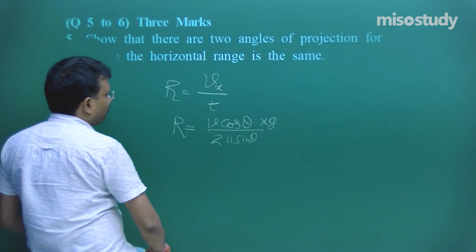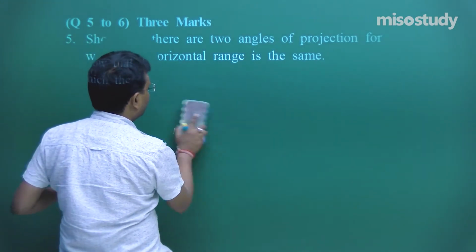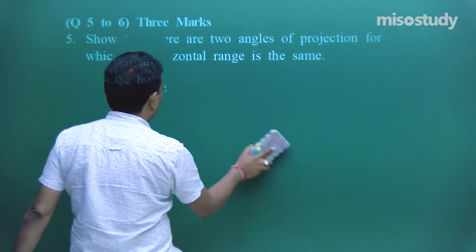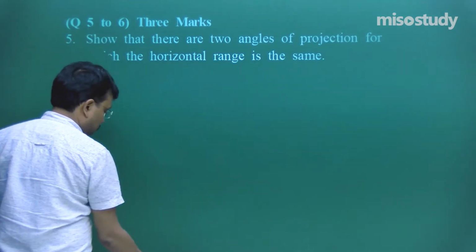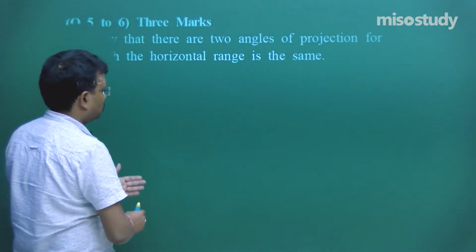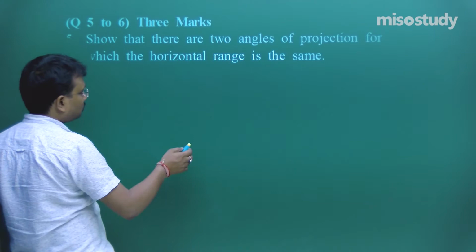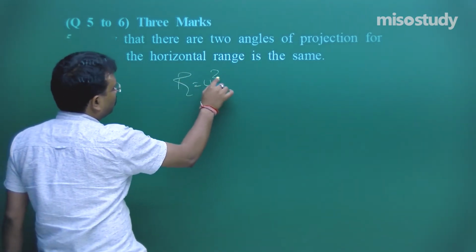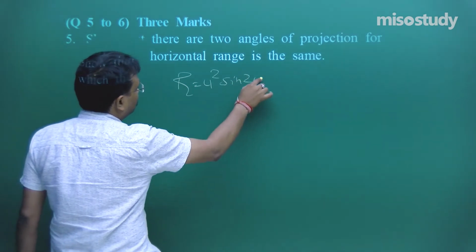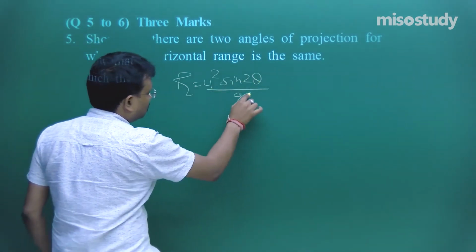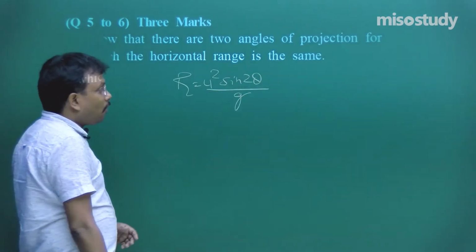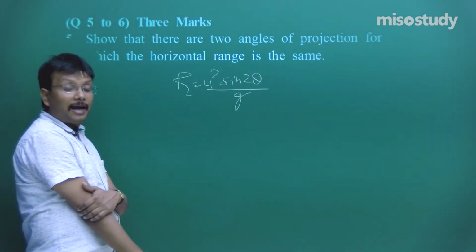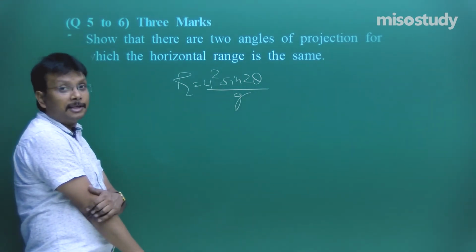So if you consider this entire segment, then you will write it down as R is equal to u square sin 2 theta by g. So for two angles, one is theta, another is 90 minus theta.